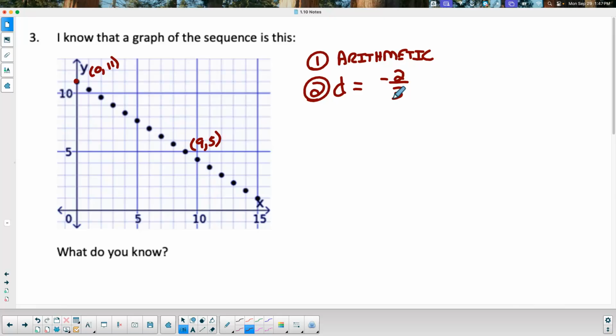Okay. Explicit formula. We could put that one in y equals mx plus b style.